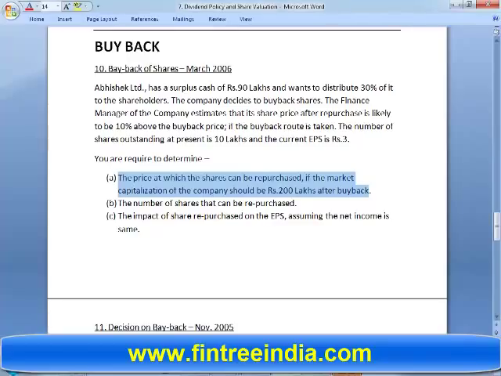Revised EPS after buyback is 30 divided by 8.71.